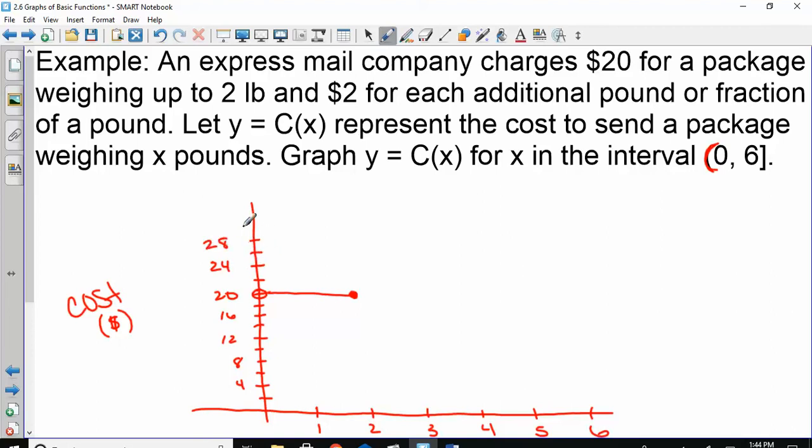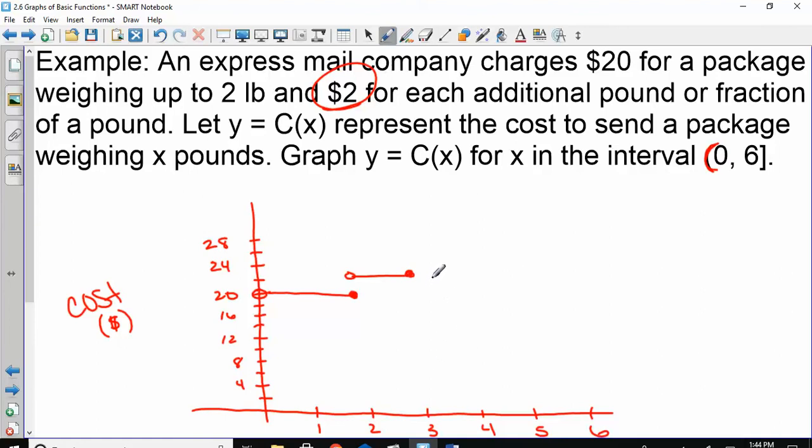what happens to my price? It goes up $2 for each additional pound. So after 2, it'll go up to $22 until I get to where? 3. We have to keep it as a function, so it has to pass the vertical line test. So since this is a closed circle, I'll put an open circle here. And we're going to stay there until we get to the 3 pounds.